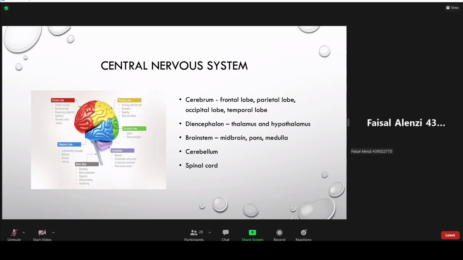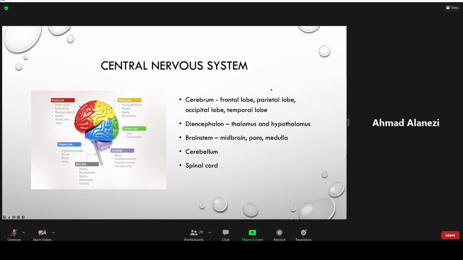Central sulcus. Excellent, Faisal. Central sulcus. So it divides the frontal from the parietal lobe. And then we have a pair of occipital lobes, a pair of temporal lobes, and I'm sure that you learned from your previous study about the function of each lobe.